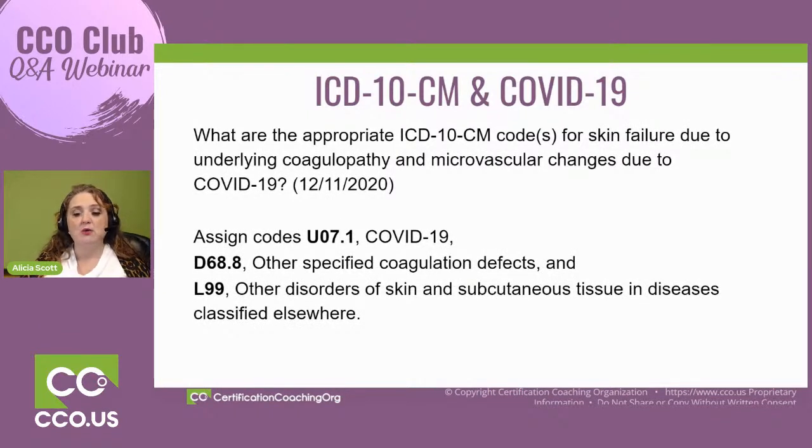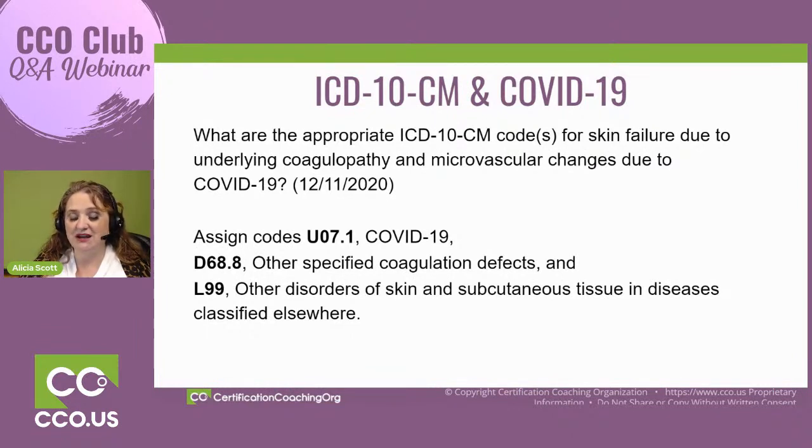Another question, what about skin failure due to this complication of the coagulation, with microvascular changes, and it's due to COVID? Well, again, if it's current COVID, it's U07.1, then you would do the D68.8, and then you would append L99 because that is other skin disorder.